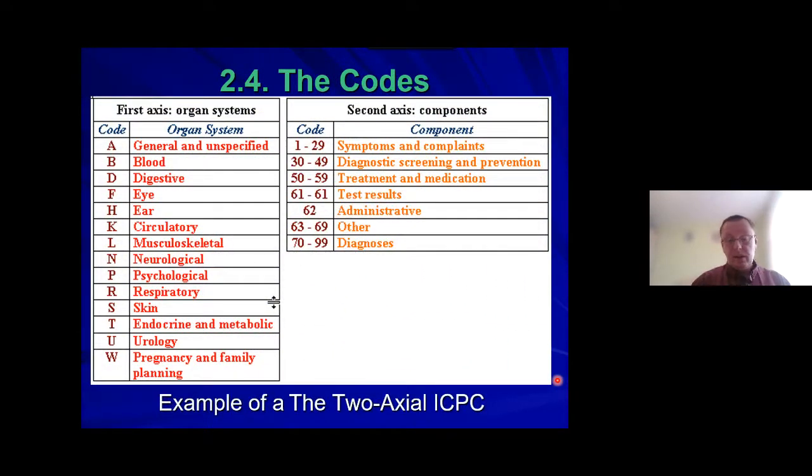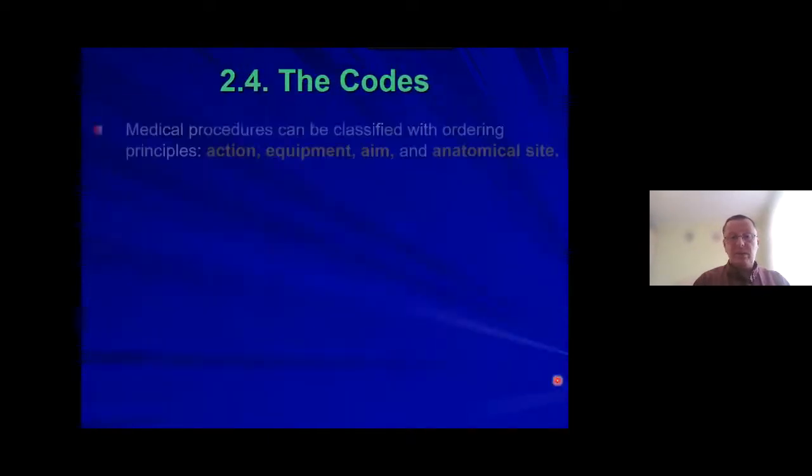We have to access ICPC, and we have a list of mnemonic codes representing the first axis and describing the organ system, and the numerical sequence represents the component on the axis: what we actually have as symptoms, diagnosis, treatments, tests, whatever we actually want to encode.